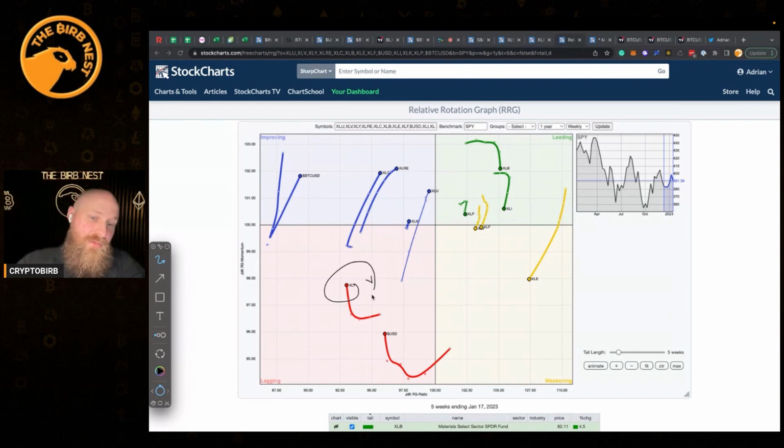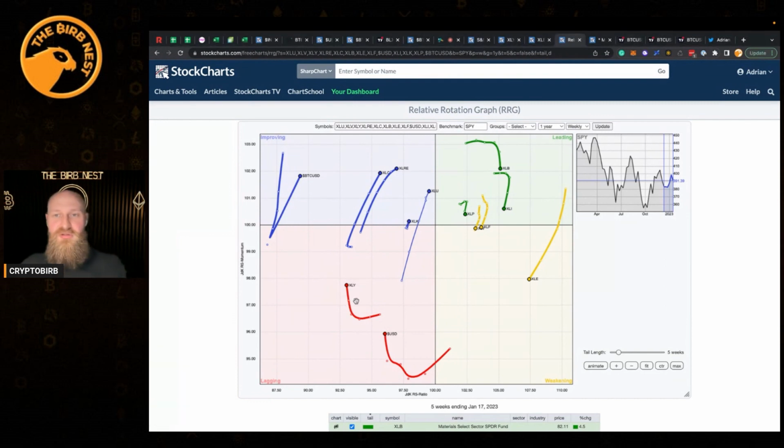And XLY, the consumer discretionary, a cyclical stock and risk-on asset, is on the weakening or lagging side. So you want to be short or underweight on something that is on the lagging side. I hope it makes sense, right?